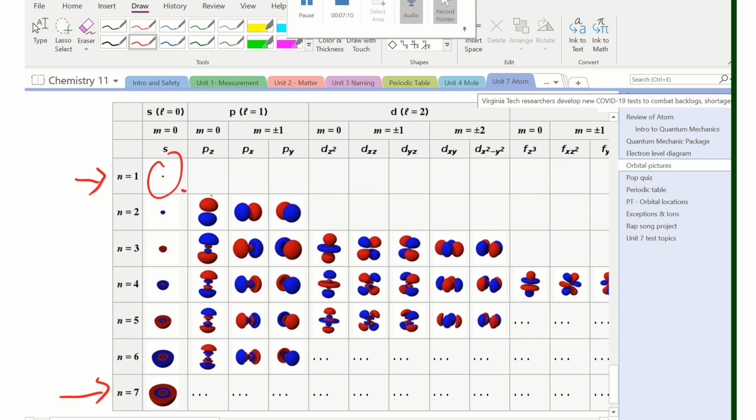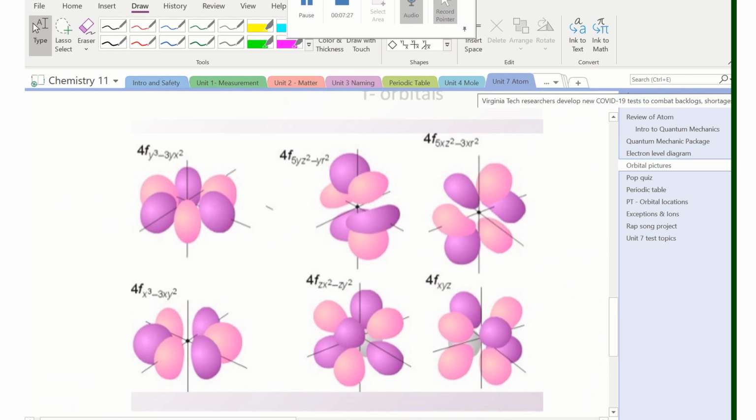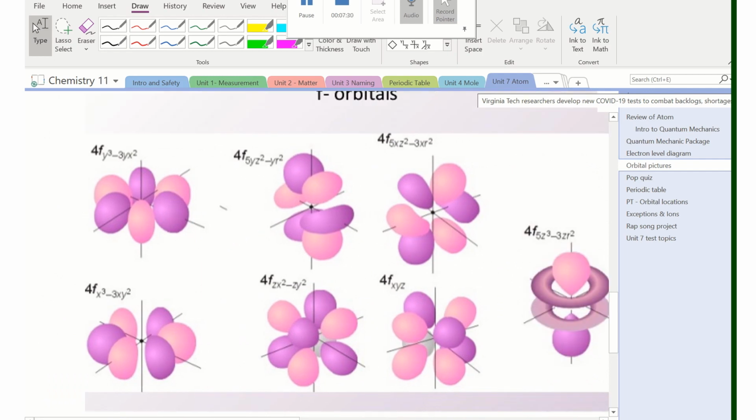Generally p orbitals are double lobes, px, py, and pz, at the second energy level. And the d orbitals, there are 5 of them, and they start off at the 3rd energy level. So these are the orbitals, again just regions of space where electrons can be found.